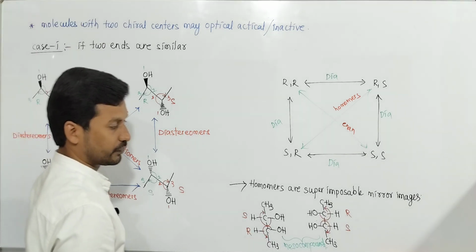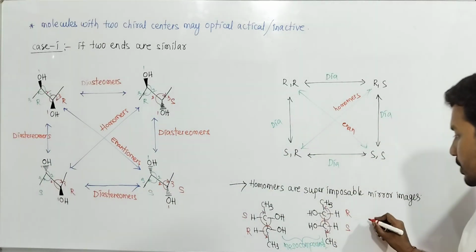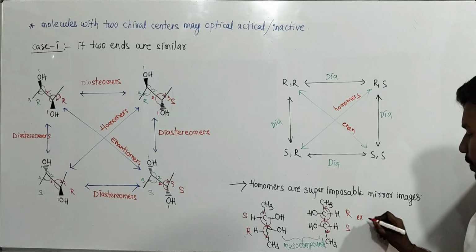Meso compounds. These two meso compounds are examples of homomers.